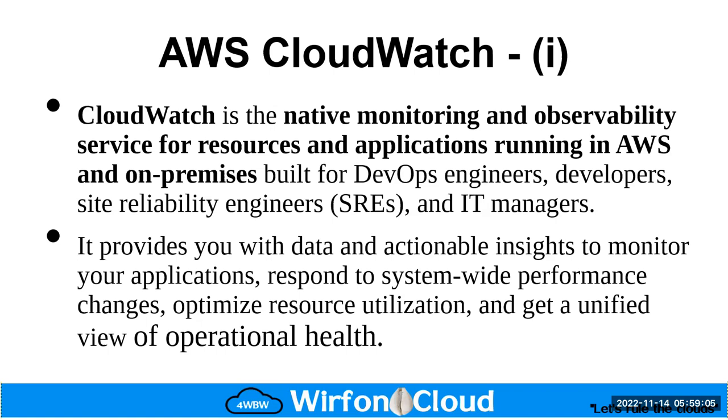So AWS CloudWatch is the native monitoring and observability service for your resources and applications running in AWS and on premises. And when you see a question asking what is the monitoring and observability service that you use in AWS for your resources and applications, CloudWatch is the service that you will use.